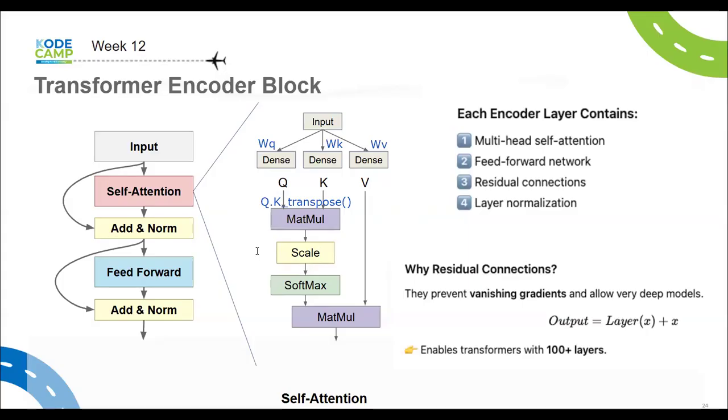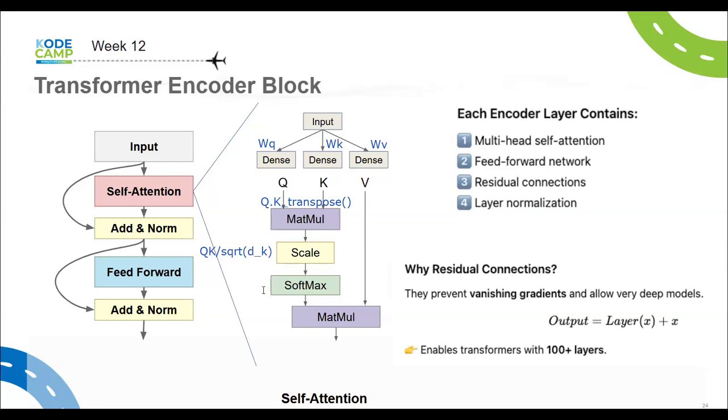So remember the scale where we take this Q times K transpose, we scale it, we divide it by the embedding depth. So this is now QK divided by the square root of DK, right? This is what we've seen already. That is the scaling phase. So the scaling phase is you take this QK transpose that comes from the matrix multiplication and you scale it, you divide it by the square root of DK, and then you do the softmax.